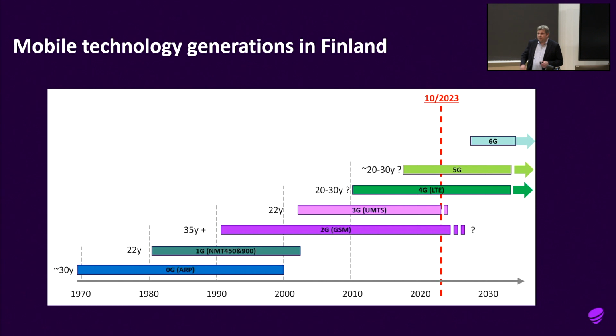About a year ago, we started to implement 5G standalone technology, which means that the core technology is also 5G. So we can say that we are still in the early phases of 5G, because the core of 5G is just about to start, and there will be lots of new services when we start utilizing the standalone technology more widely.